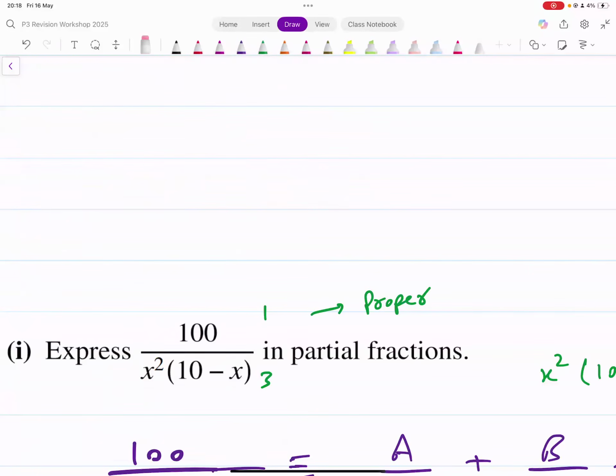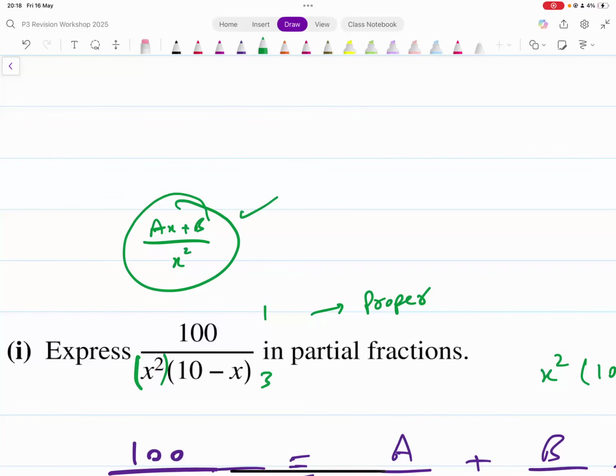Another way of thinking about this could be that you say this is a quadratic factor, right? With x squared. And in that case, you would say that's Ax plus B divided by x squared. You could also do that. However, although they accept this a lot of times, it's better to treat this as a repeated linear, because that further splits the fractions, and ideally that's what we want.